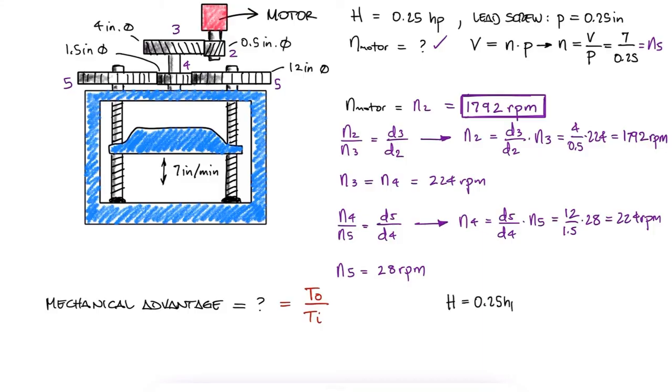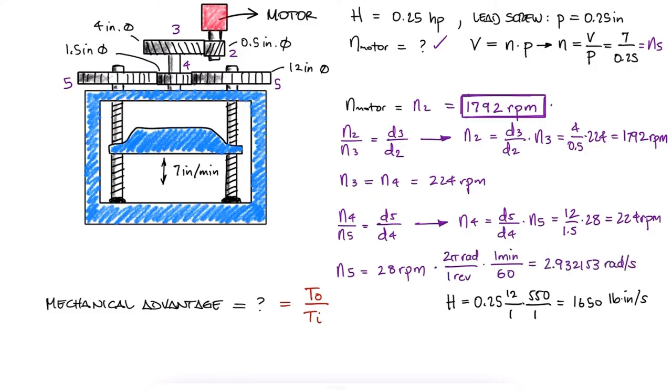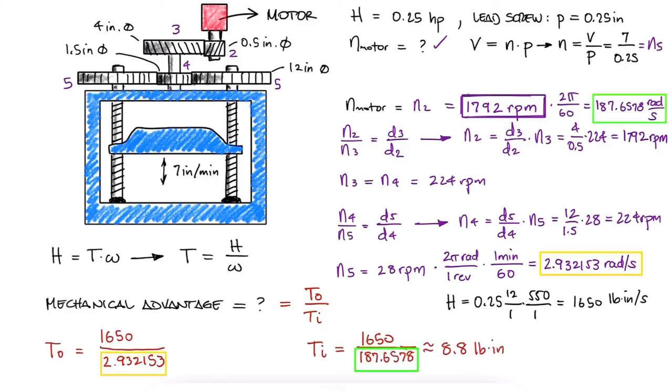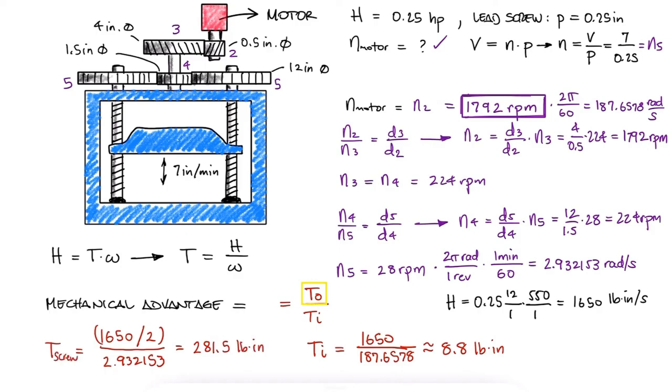With 0.25 horsepower in pound-inch per second, and with the rotational speeds as angular velocities in radians per second, we divide power by angular velocity to find the torques. Notice that the output torque for each screw will have the power cut in half, since the power is split into 2 power screws. Since the output torque is 2 torque values of 281.5, the mechanical advantage is 64.